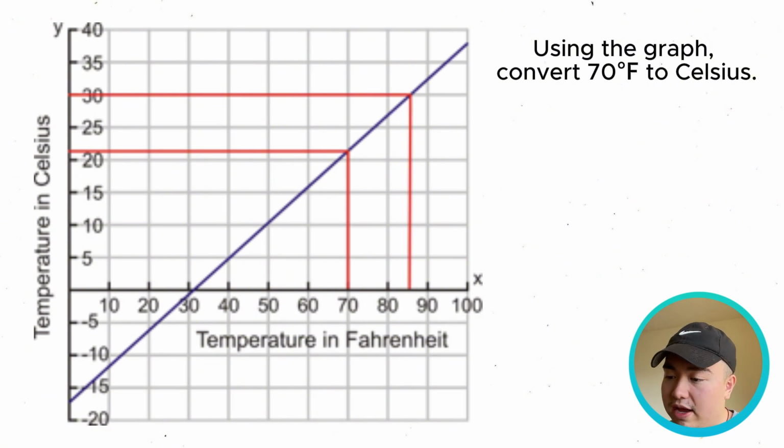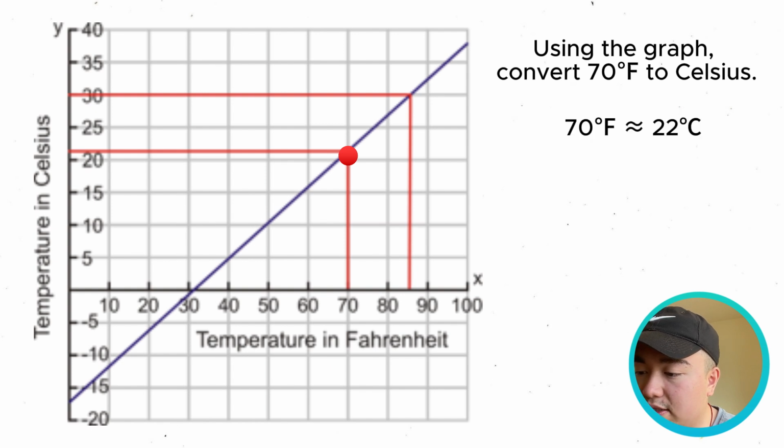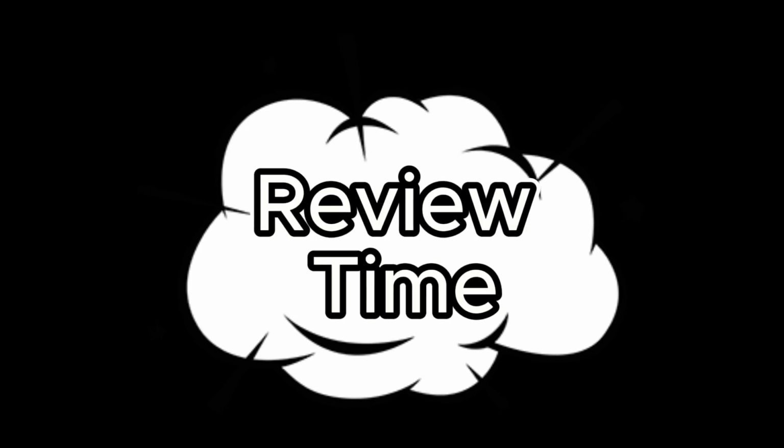Looking at this graph, if we go along the x-axis, the temperature in Fahrenheit, and we find 70 degrees Fahrenheit, and then we go up to where the linear line crosses at the point 70, it looks like the temperature in Celsius is about 22 degrees Celsius.